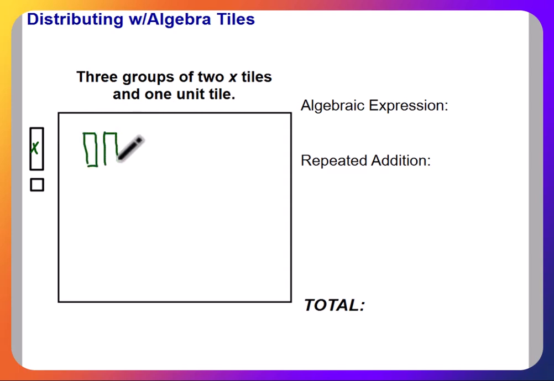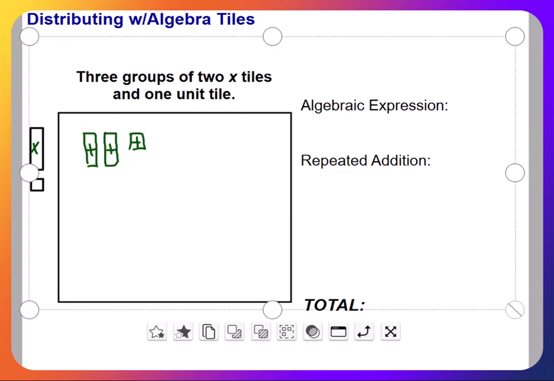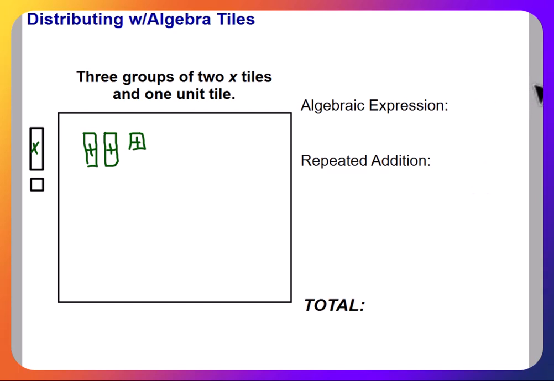1, 2. I like to do mine vertically. You can do the horizontal tiles, that's fine. And 1 unit tile. It doesn't say they're negative, so we know that they're positive. So there's 1 group, and I need to have 3 groups. So I'm going to draw 3 different groups.